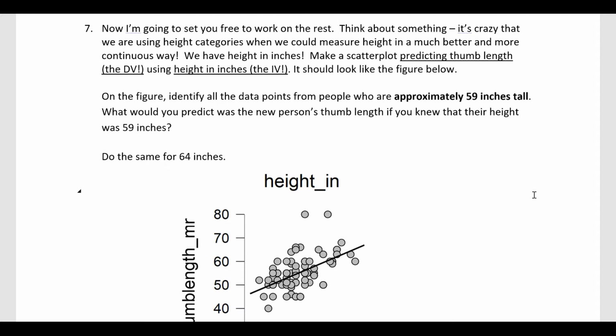So keep in mind, short and tall, those are categorical variables. So categories, you're in one or you're in the other. But height is not naturally a categorical variable. It's naturally a continuous variable. We talk about it in terms of the range of values that somebody could be.